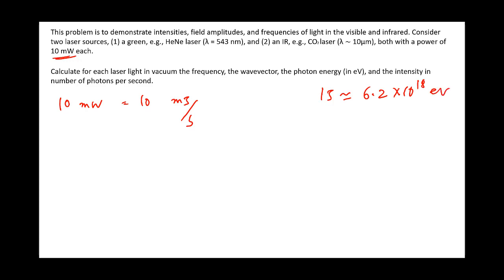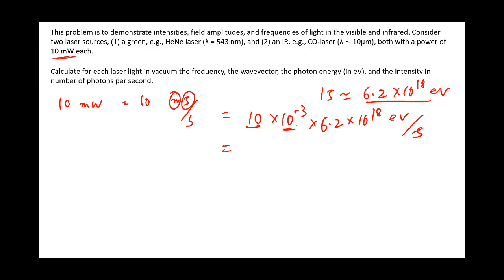So that is equal to 10 times, milli is 10 to the power minus 3, times 6.2 times 10 to the power 18 electron volts per second. This is the power of the lasers that we have. So 18 plus 1 is 19, minus 3 is 16. So I have 6.2 times 10 to the power 16 eV per second.